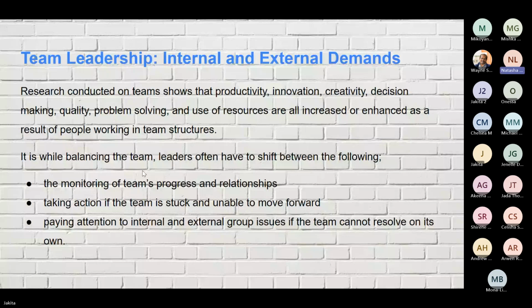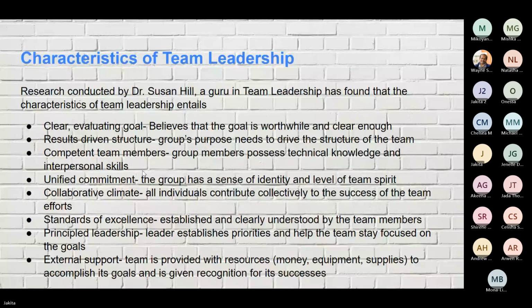So let's look now at characteristics. Next slide. Characteristics of team leadership.